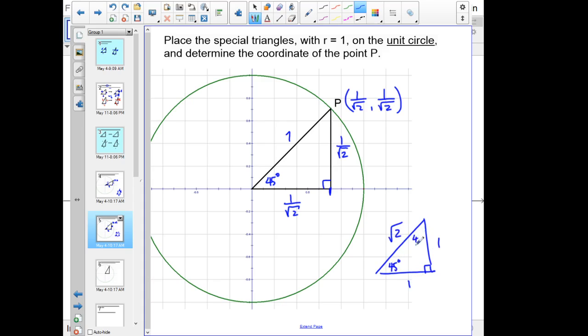The reason why we worked with these was so that when you had something like the cosine of 45 degrees, you would be able to do this without a calculator and with an exact value. The cosine of 45 degrees is 1/√2. And the sine of 45 degrees, for this triangle, turns out to also be 1/√2.